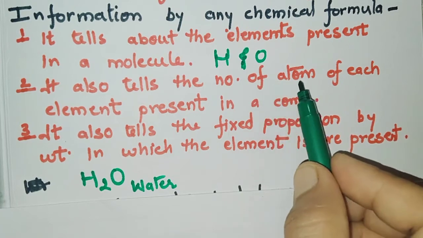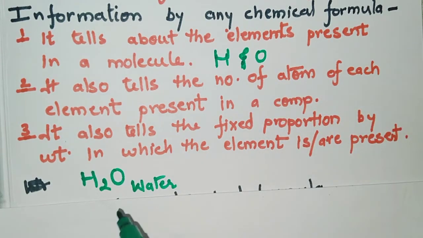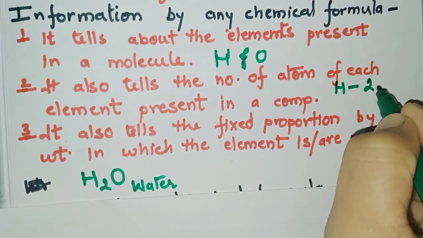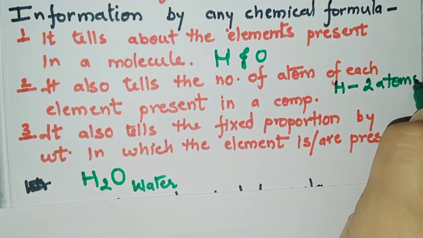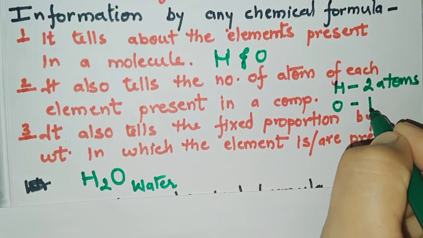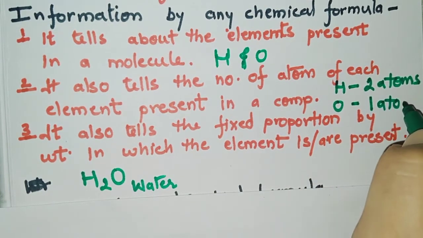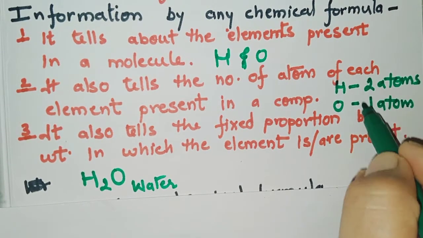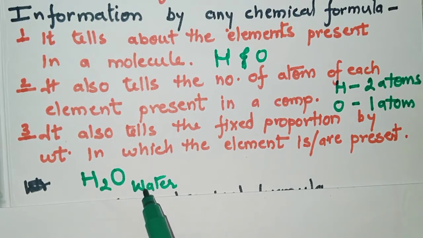It also tells about the number of atoms of each element. Hydrogen, 2 atoms are present, while oxygen only 1 atom is present. So overall 3 atoms are present in a water molecule.